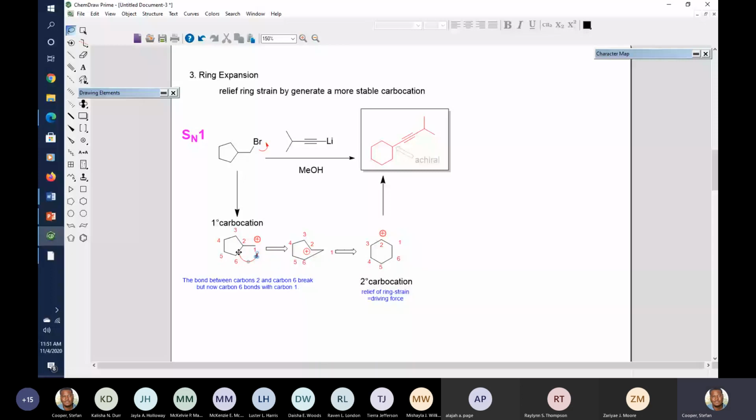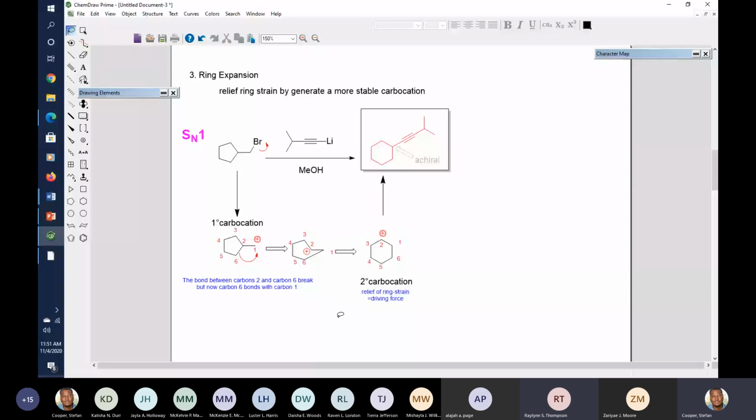So if you look at 2, any bond between 2 will work. So a 2 and 3 bond is okay, or a 2 to 6 bond. Those are the only ones that will open productively next to the carbon cation to expand the ring to something bigger. Right? Did that answer your question? Yes, sir. Okay, great.